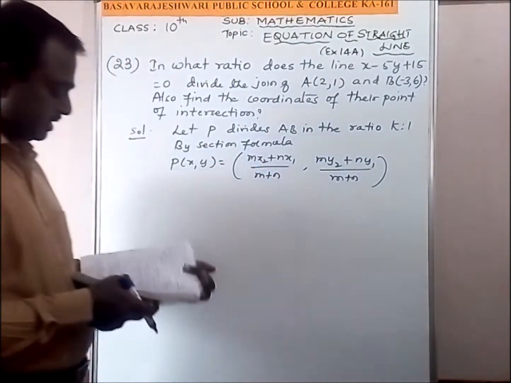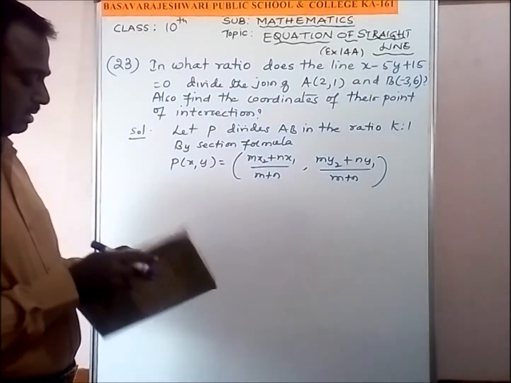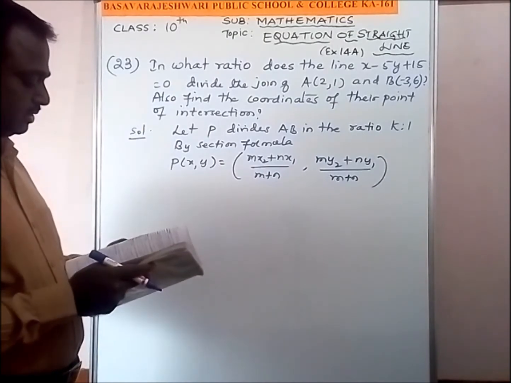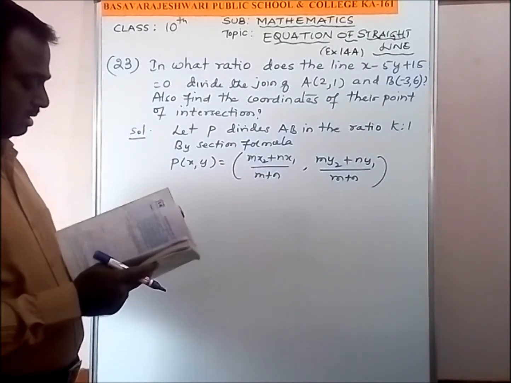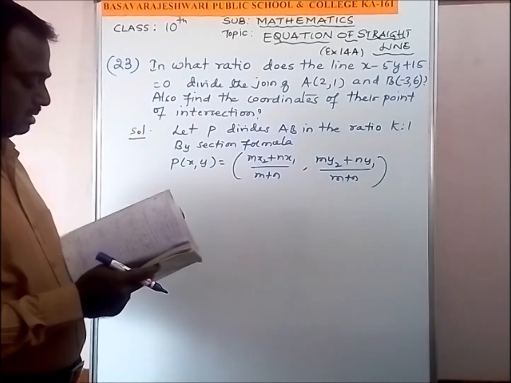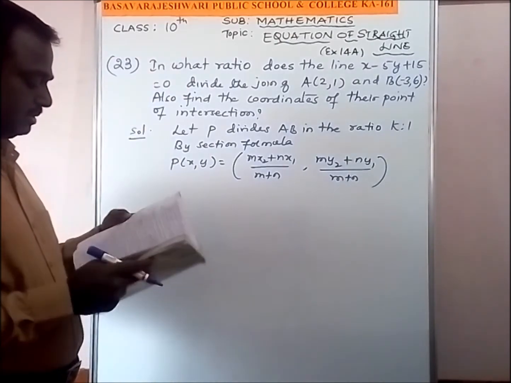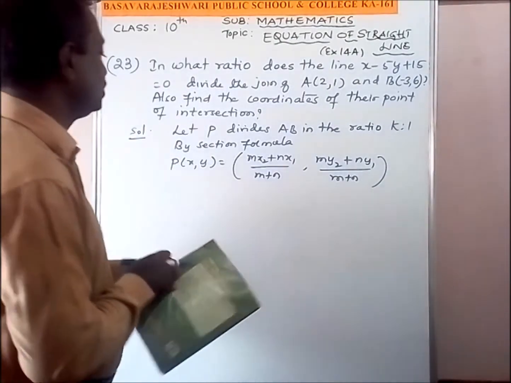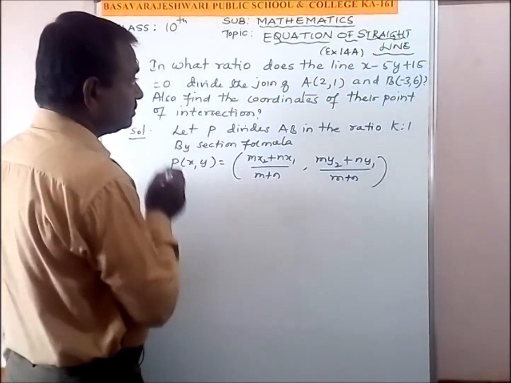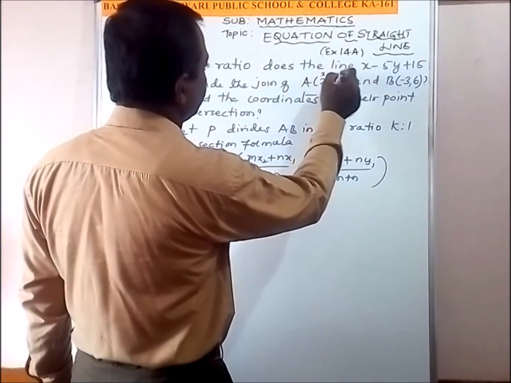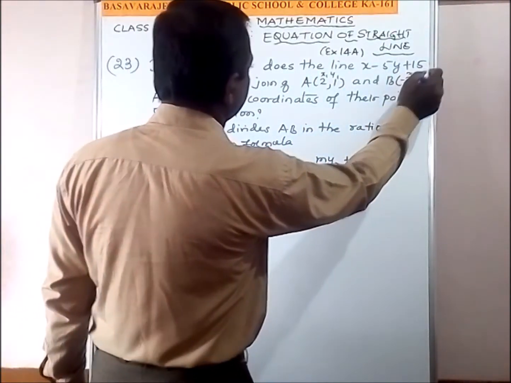So this is the section formula, isn't it? Okay? Next, substitute the values. This is x1, y1 I will take. This is x2, y2 I will take.